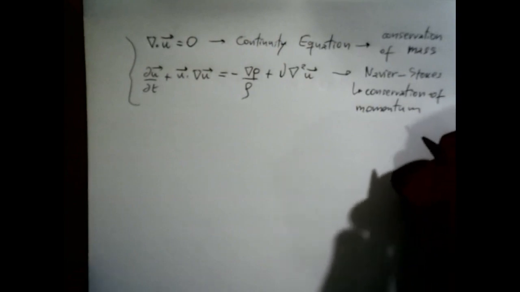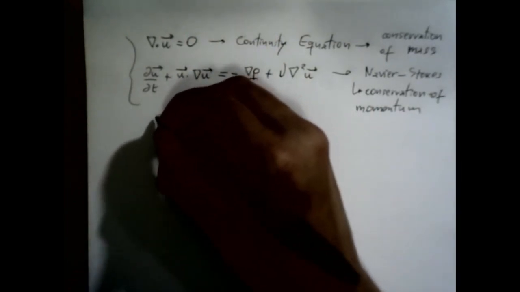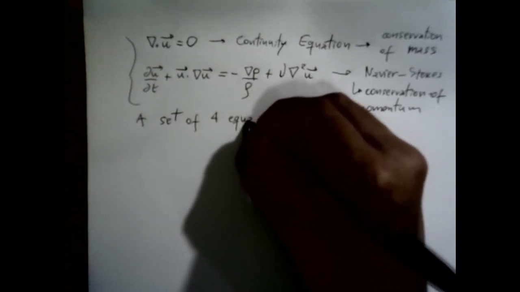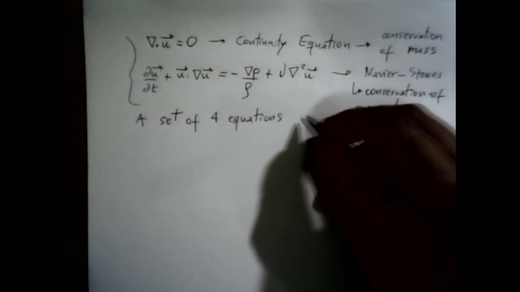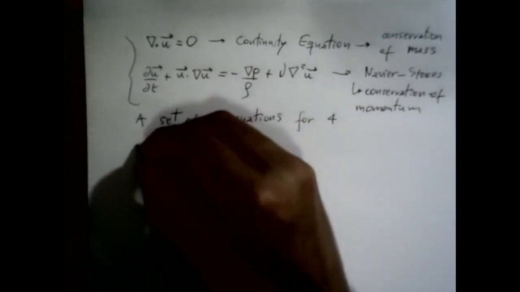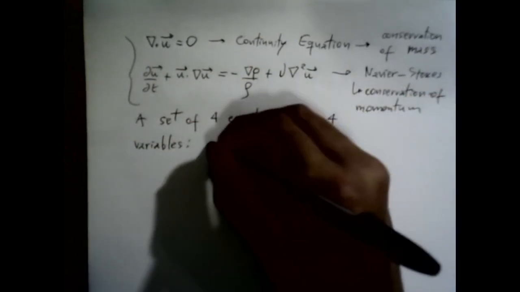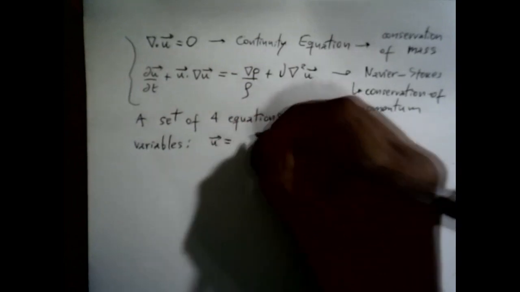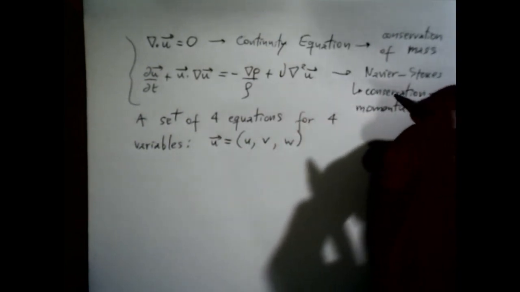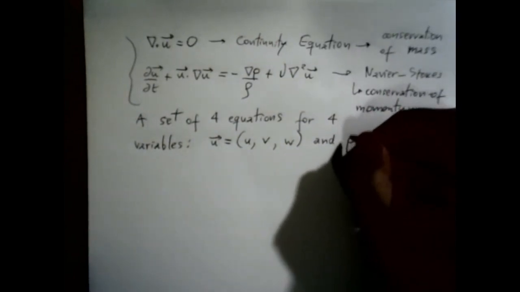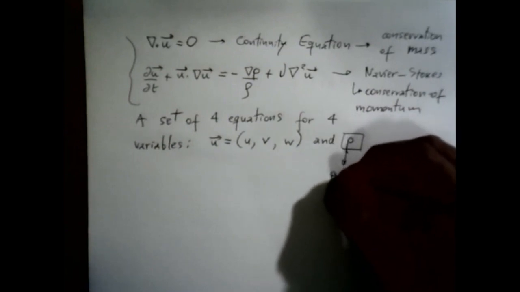Well, as you can see here, we have a set of 4 equations for 4 variables, which are the 3 components of velocity, usually denoted as u, v, and w, and p, which stands for the pressure.